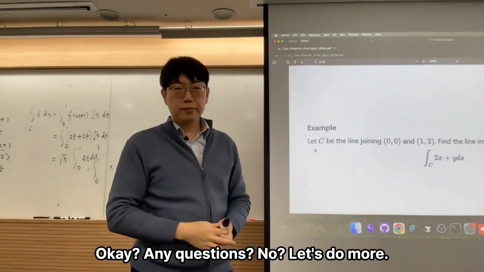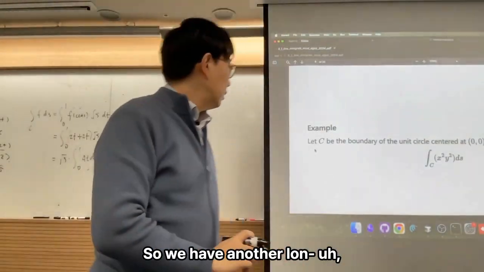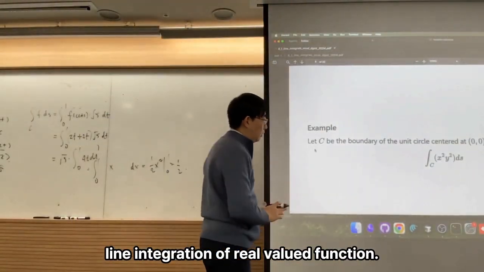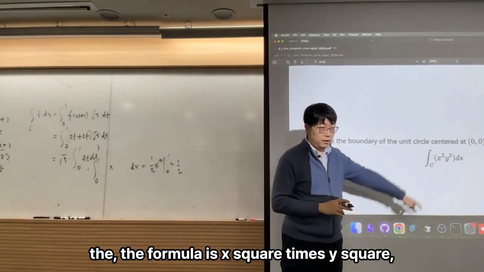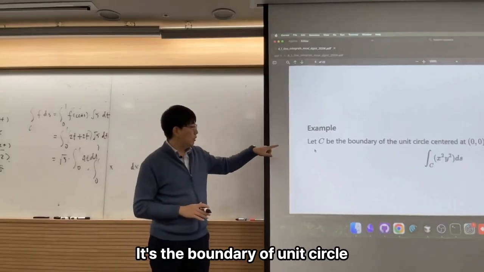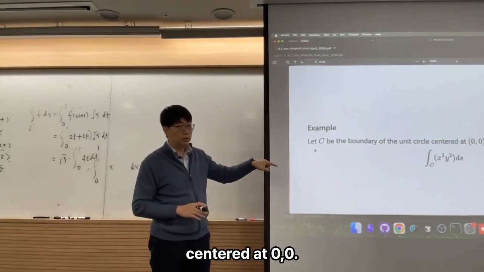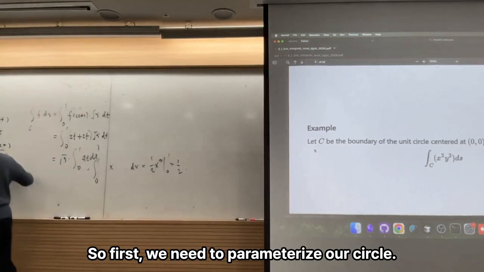Any questions? No? Let's do more. So we have another line integration of a real valued function. The function is x squared times y squared. And the curve is not a straight line. It's the boundary of the unit circle centered at 0, 0. First we need to parameterize our circle.